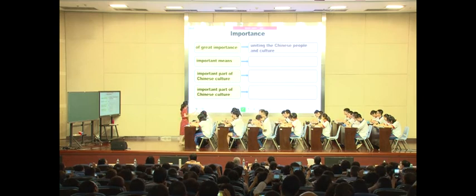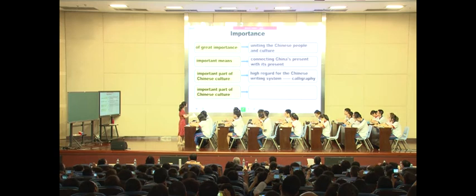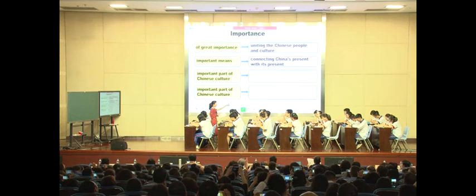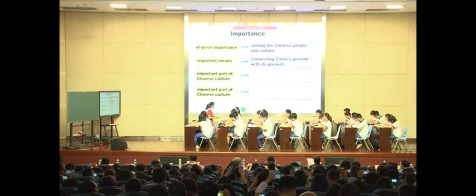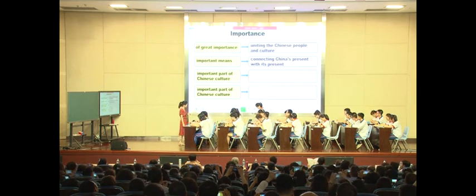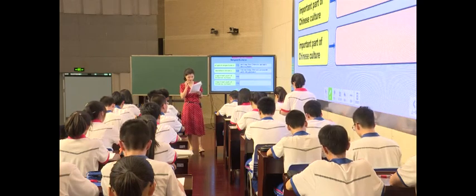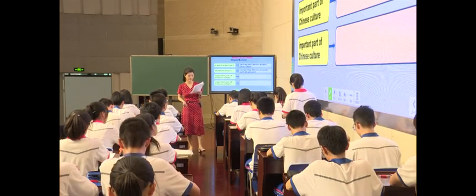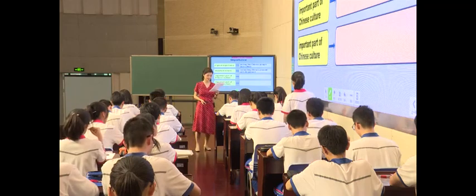Very good. How about the last one? The third one? Anybody? What does the third importance refer to? How about this girl first? The Chinese writing system can be seen in the development of Chinese characters as an art form, known as Chinese calligraphy.